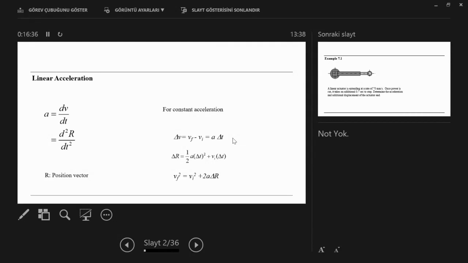Using these equations, from here dt is equal to dV over A. And here V is equal to ds over dt, so we can write ds over V equals dV over A, which means ds times A is equal to V dV.